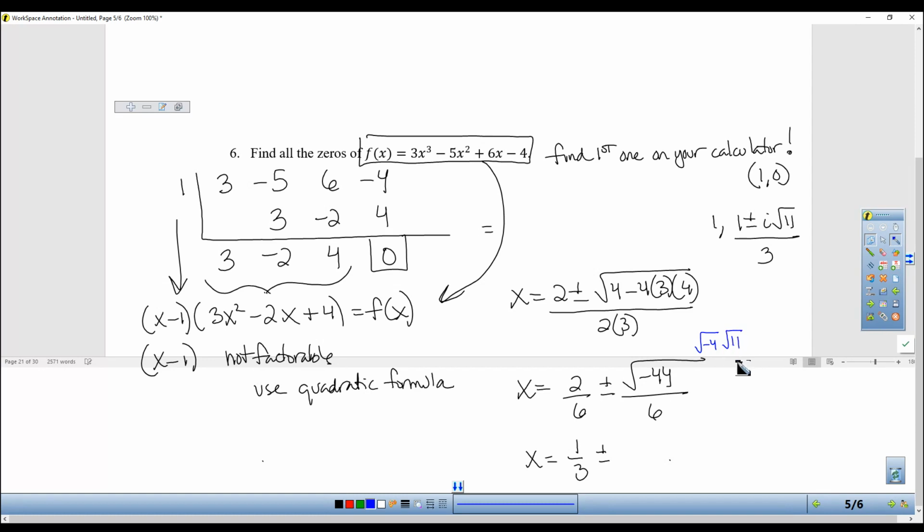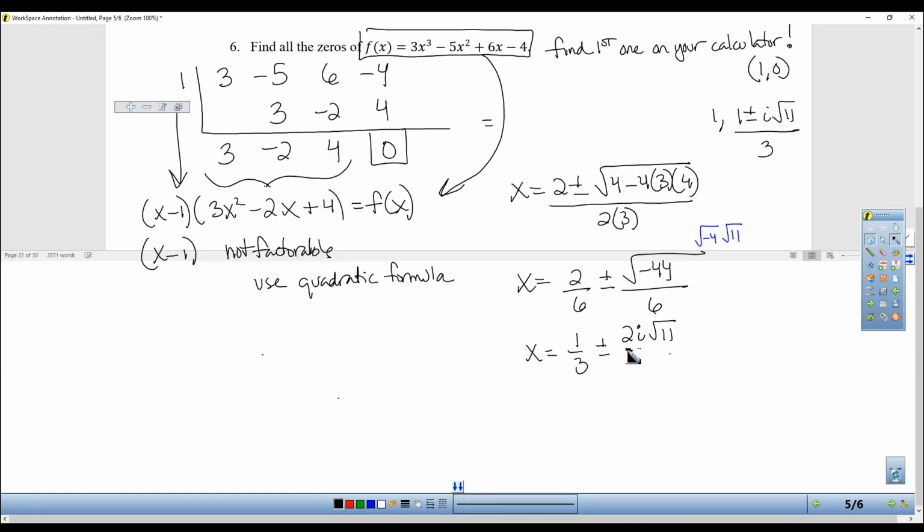The 11 is something I can't. So this becomes 2i. The square root of negative 4 is 2i, square root of 11, over 6. Now, because the 2 is on the outside of the root, it does cancel with the 6. So I get 1/3 plus or minus i square root of 11 over 3.